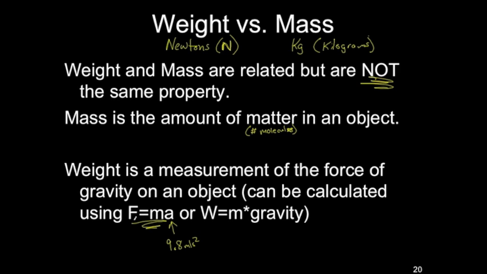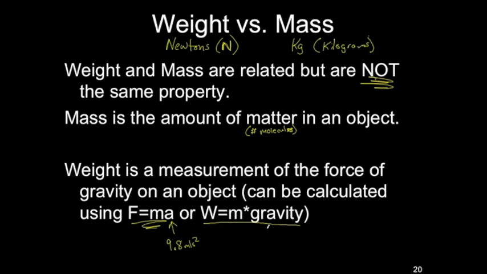So you can use force equals mass times acceleration, or weight, W, equals mass times gravity, M times G. That will remind you that wherever you are, you have to calculate for the gravitational pull of the planet or spot where you are in the galaxy.